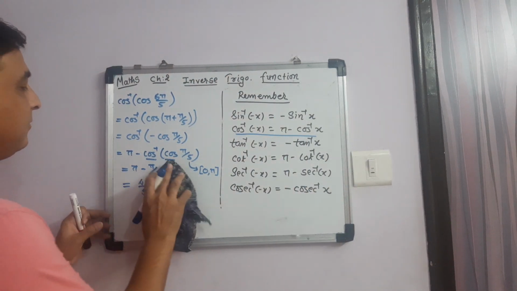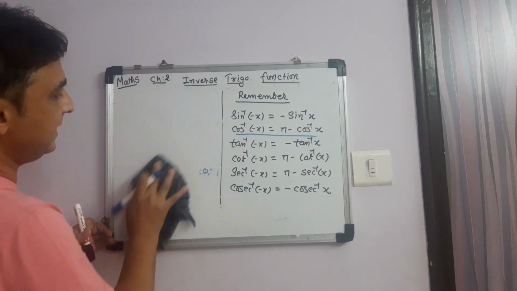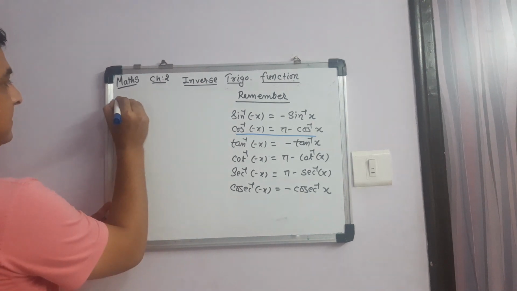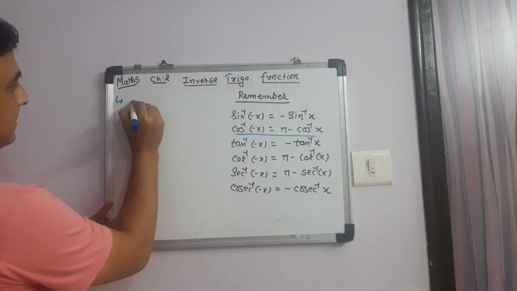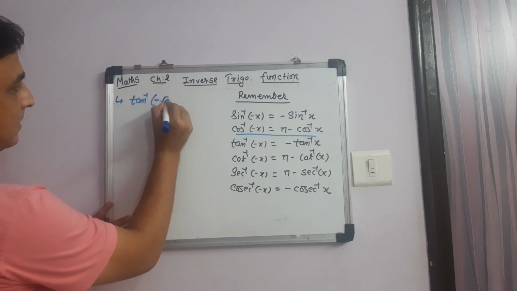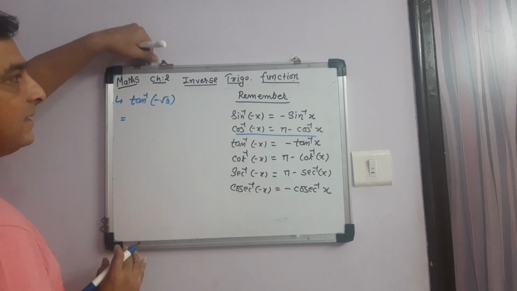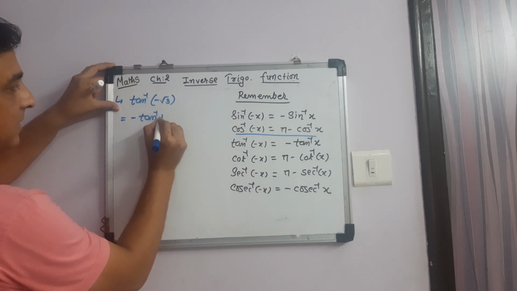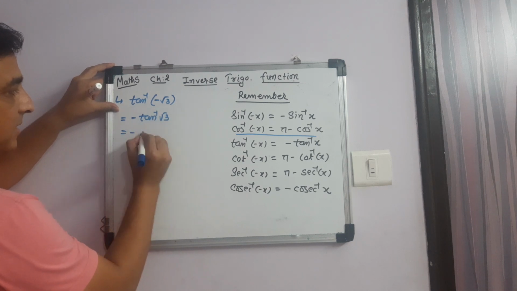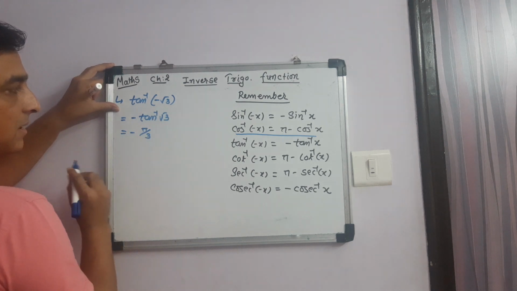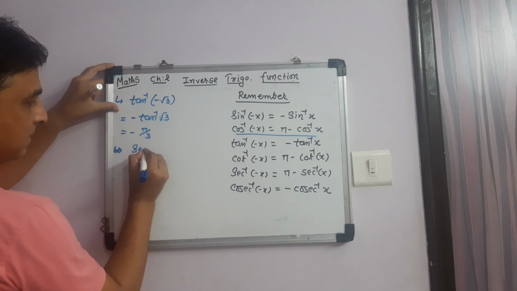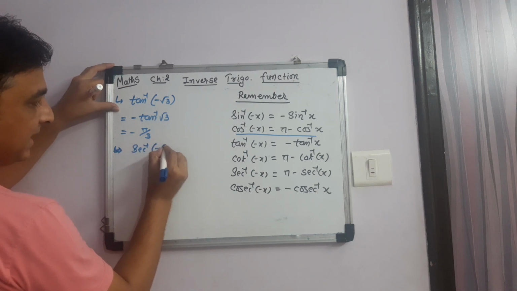Now, for negative values of inverse functions we can find the value using these formulas. Tan inverse of minus root 3 can be written as minus tan inverse root 3, which is minus pi by 3. Second one: sec inverse of minus root 2.